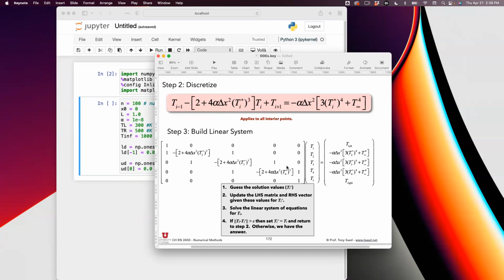That's okay. And the main diagonal. Oh, look, it has a delta x in it. So what do we need? Let's create a linspace to get a delta x spacing.